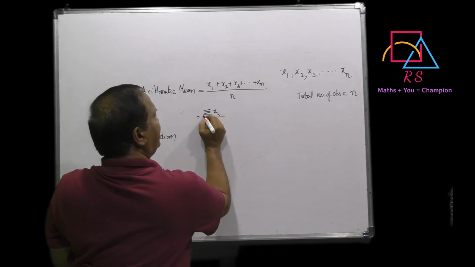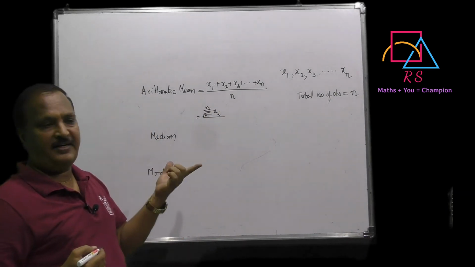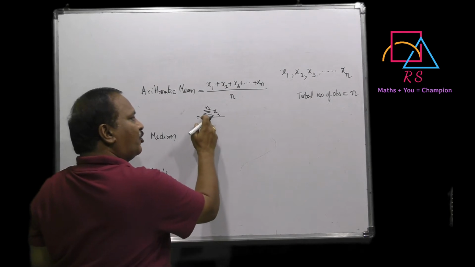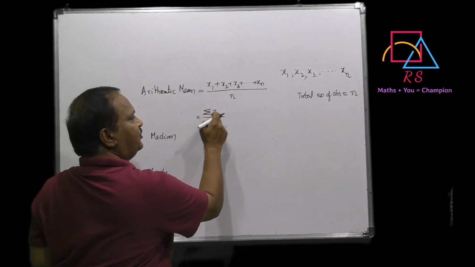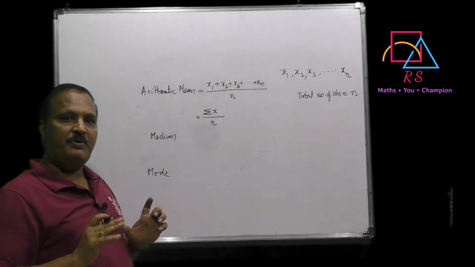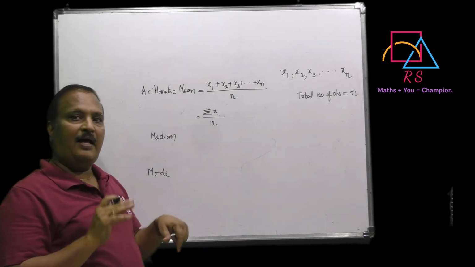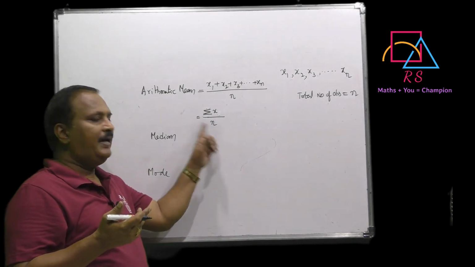That limits also you can write. Even if you are having problems, you need not write this. You can simply write sigma x. That also you don't need. You can write simply n. The proper way is sigma xi, i is equal to 1 to n, and divide by n.